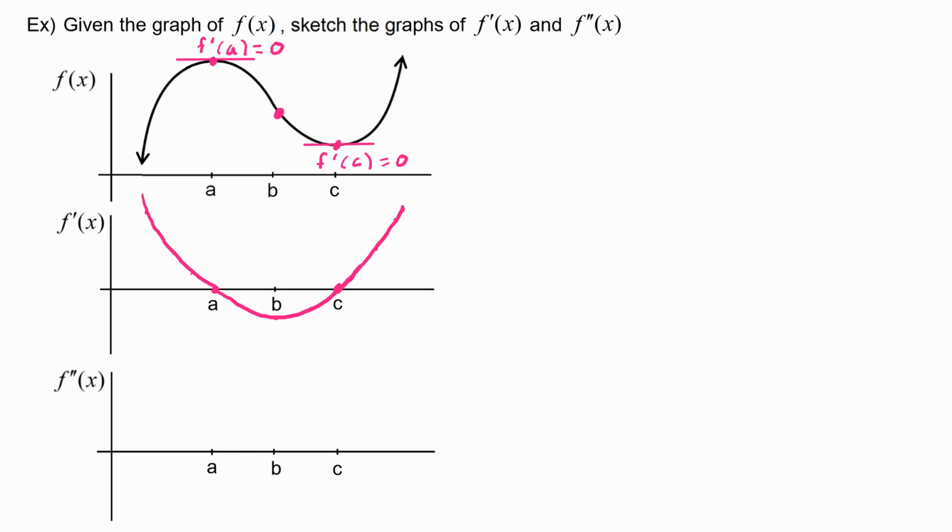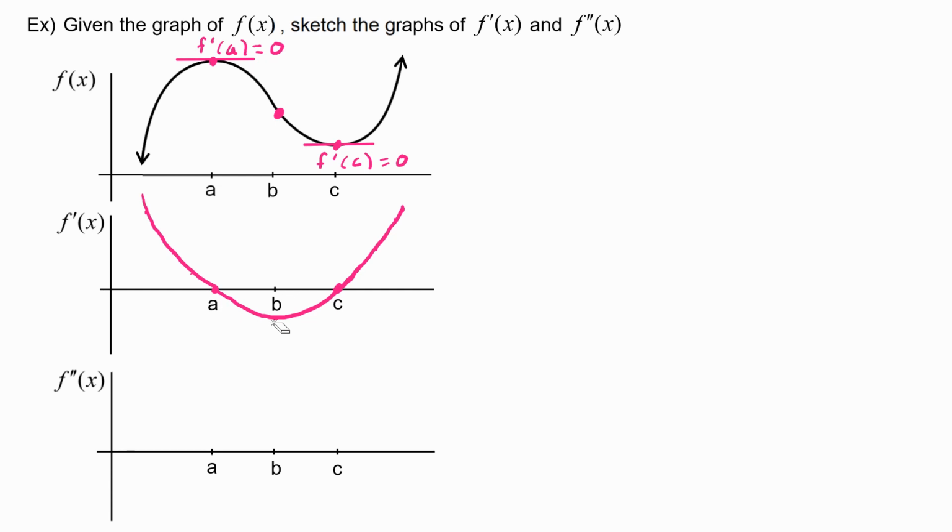Now to draw the graph of f double prime, we know that f double prime is just the derivative of f prime. So that means we can use the slopes from the graph of f prime to give the y values on the graph of f double prime.